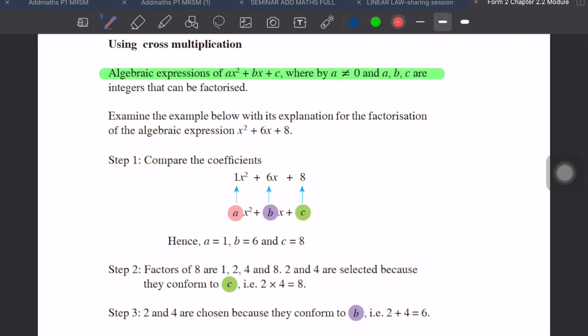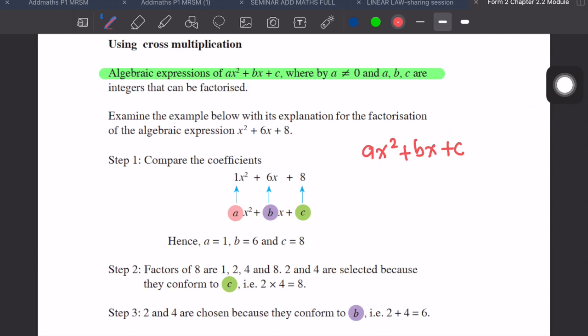So, kita ada general form, kita ada ax square plus bx plus c, where A, B, C are integers that can be factorized and A cannot be 0. Kalau A ni sama dengan kosong, apa-apa darab kosong, kosong kan? Hilanglah kuasa 2. So, tinggallah BX tambah C sahaja. So, tak boleh. Apa yang kita nak factorkan?